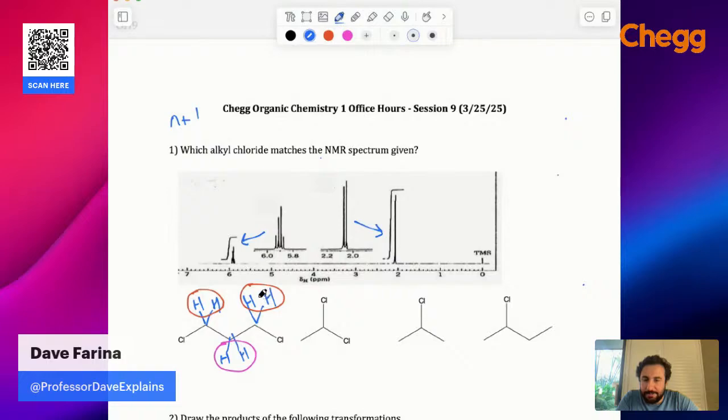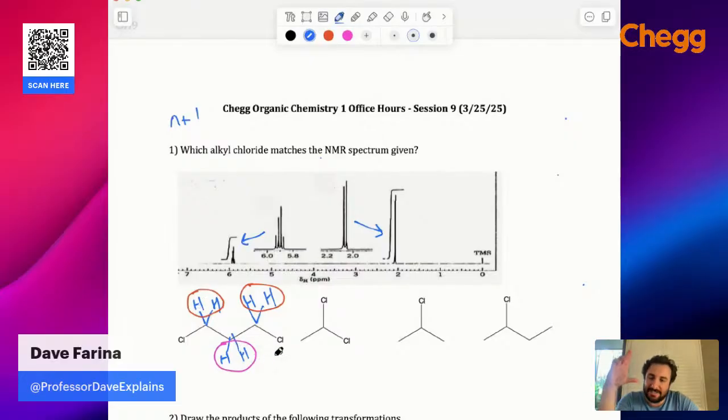These ones would be split into a triplet because these protons are all adjacent to a carbon with 2 protons on it. This hydrogen right here sees 2 protons next door, so n is 2, n+1 is 3. The resonance would be split into a triplet. And this proton sees the same thing, and so does this one, and this one, so it's integrated higher.